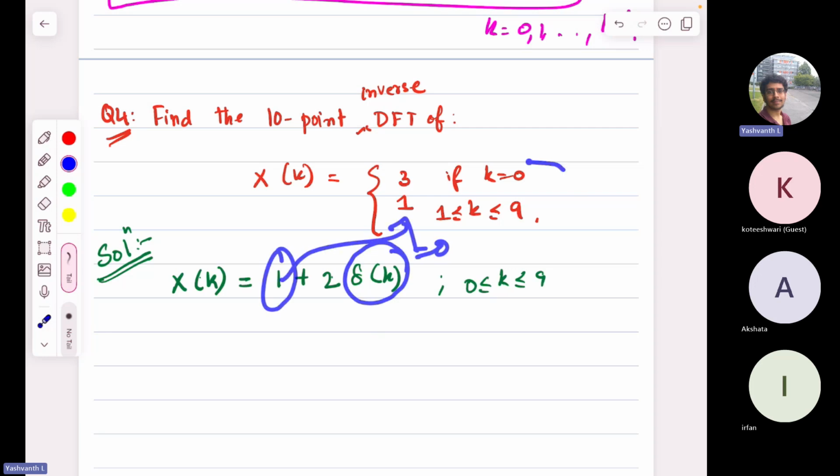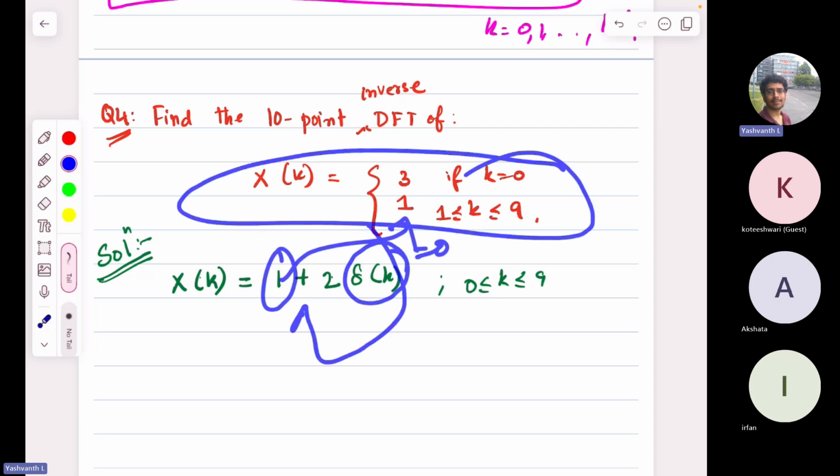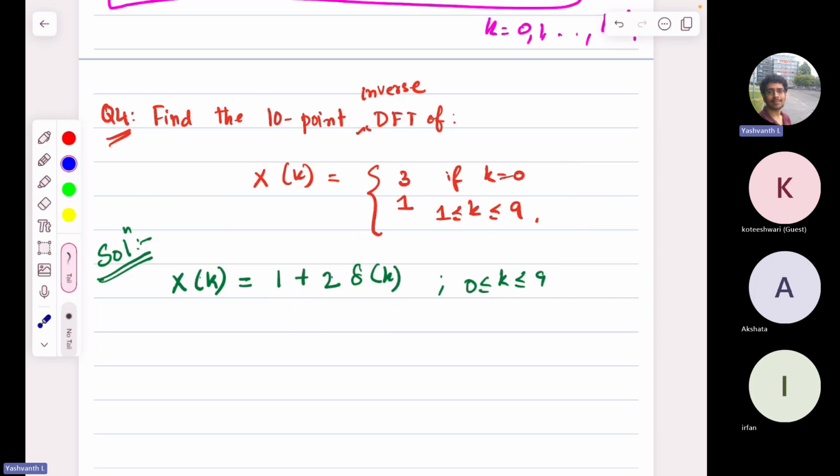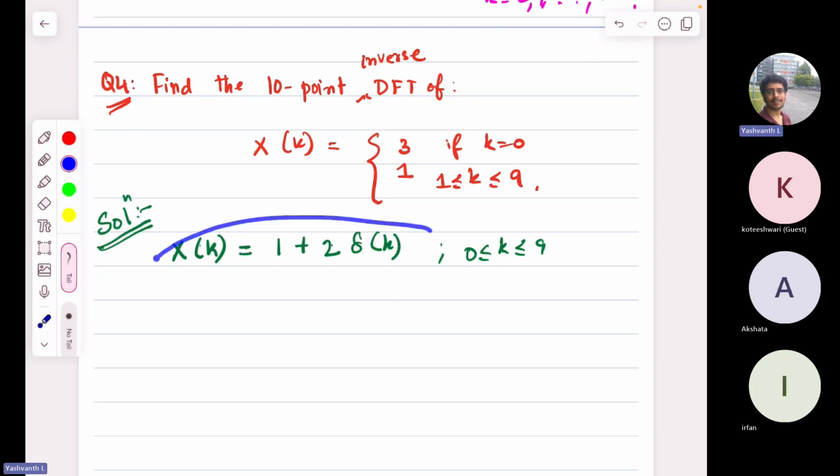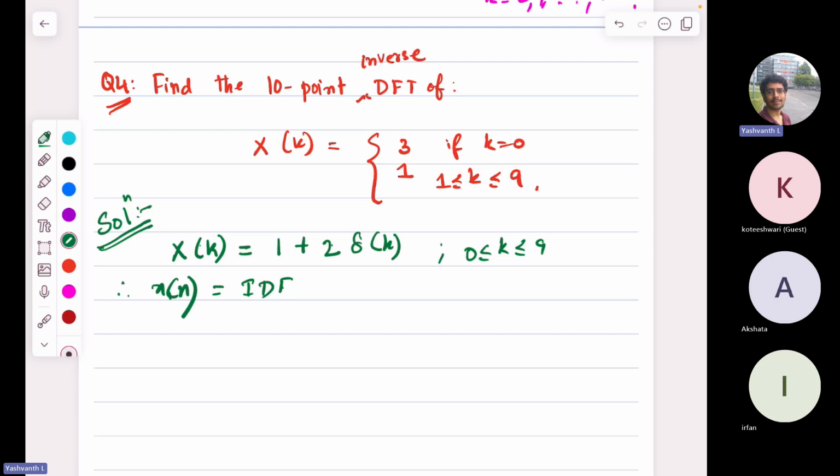So this X of k function can be represented as 1 plus 2 delta of k. Now we need to find the inverse Fourier transform of this X of k. So we're going to use the properties. Therefore, the corresponding inverse discrete transform is IDFT of 1 plus IDFT of 2 into delta of k.